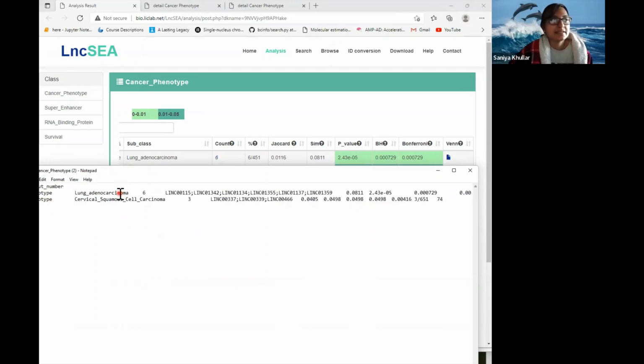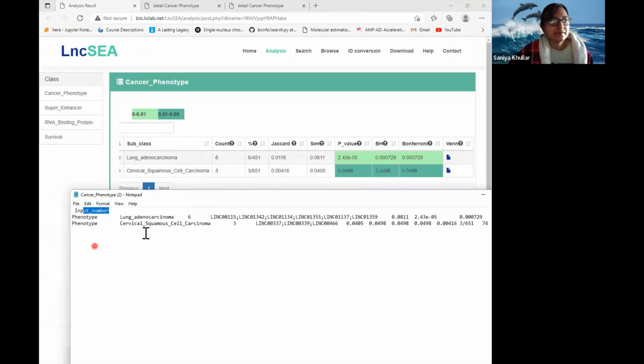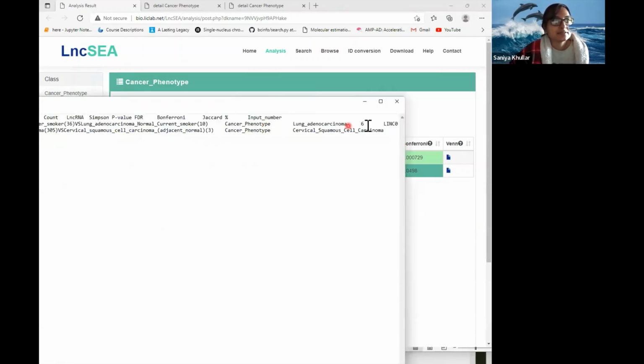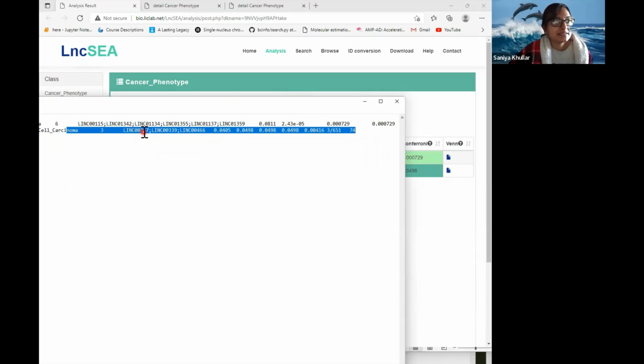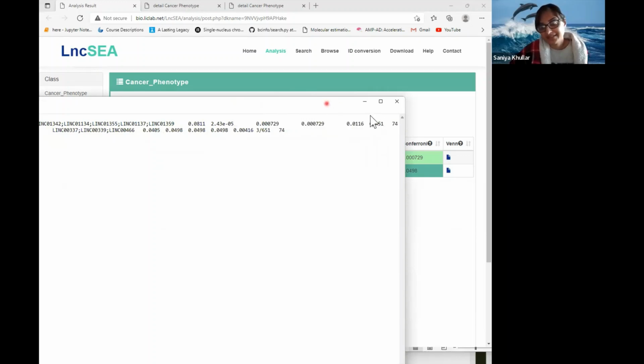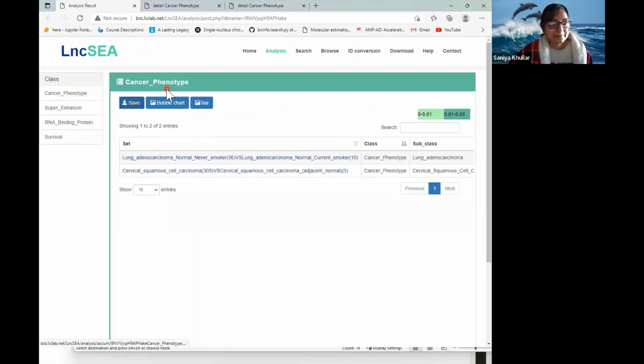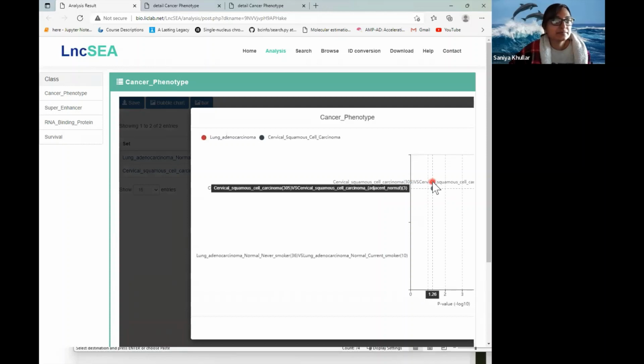So when we format it, it has the heading titles, and it reflects a little bit more than this here. We can also see for the second one, which are the 3 that were found from our list with their list. So what we can see from there is lnc-00337, 339, and 466. And again, this has the overlap of 3 out of this, and this one has 6 out of 451. Once you put it in Excel, it might be a little bit neater than the text file, but saving it downloads that. You can also see a bubble chart here.